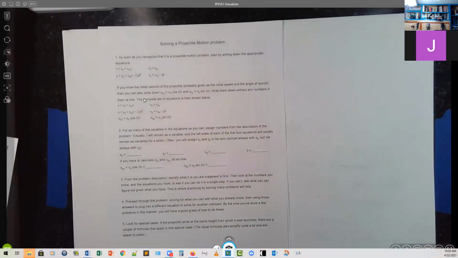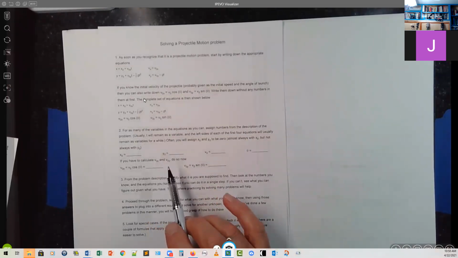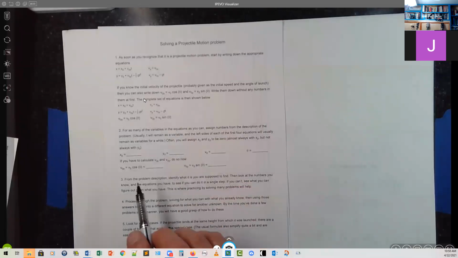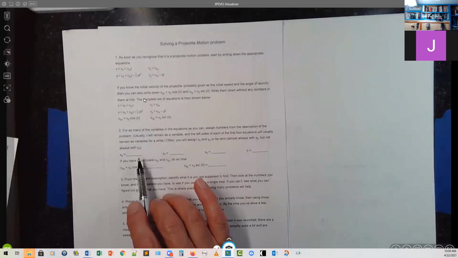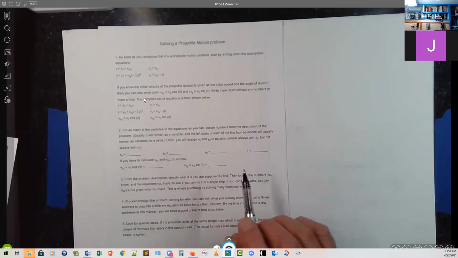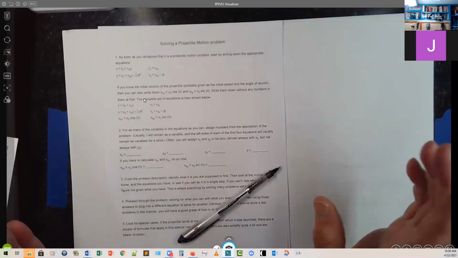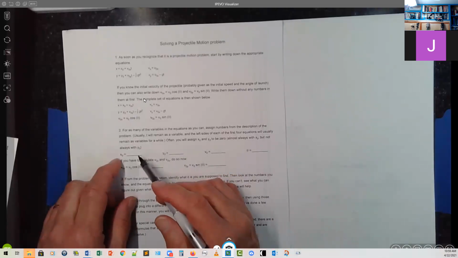And then once I've written down those equations, I start identifying as many variables in the equations as I can. And often I'll be given the initial position. So much of the time you can set both x naught and y naught equal to 0, but not always. If something starts from ground level, I'll let y naught be 0 and I'll let x naught be 0.